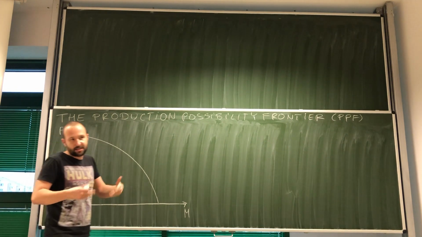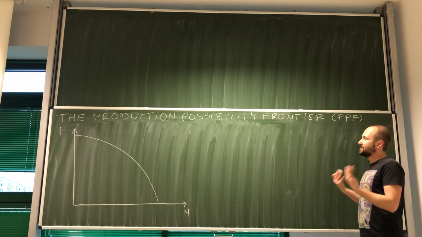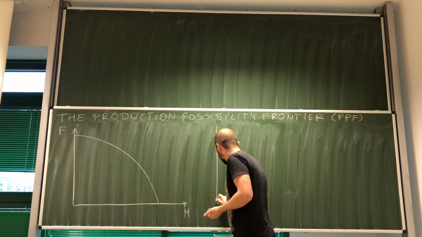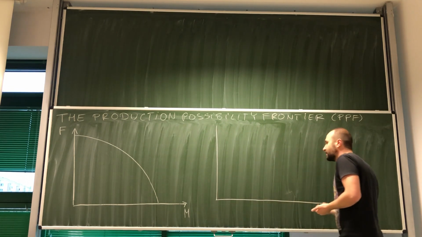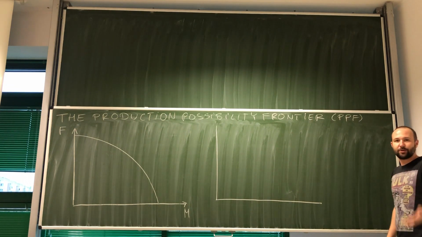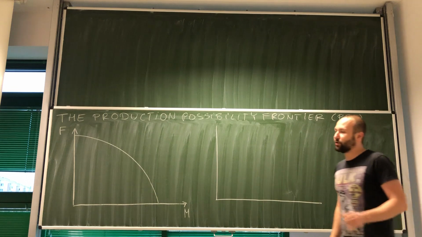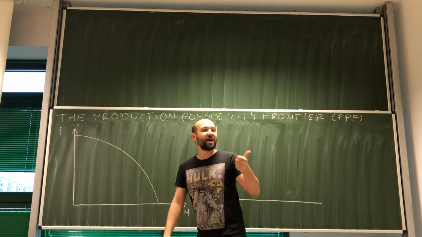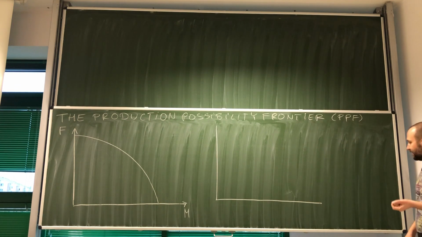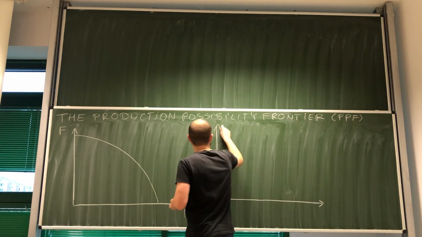And this is not an accident, and we can actually relate the curvature of the production possibility frontier, just like we did with the contract curve, to the technical parameters of production, so capital intensity in the food and manufacturing industry.